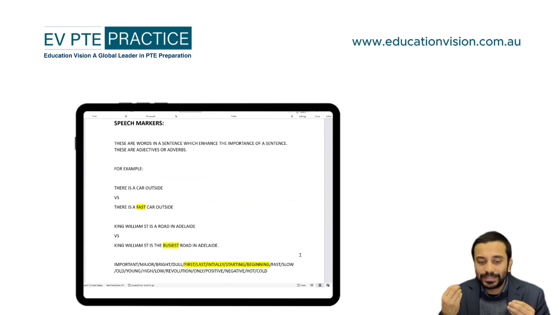Speech markers are simply words which technically are known as adjectives or adverbs. But in simple words, these are those words which will be helping you to enhance the importance of a sentence. Let's take a very simple example. Let's say if your friend calls you and says, let's have dinner at a restaurant.